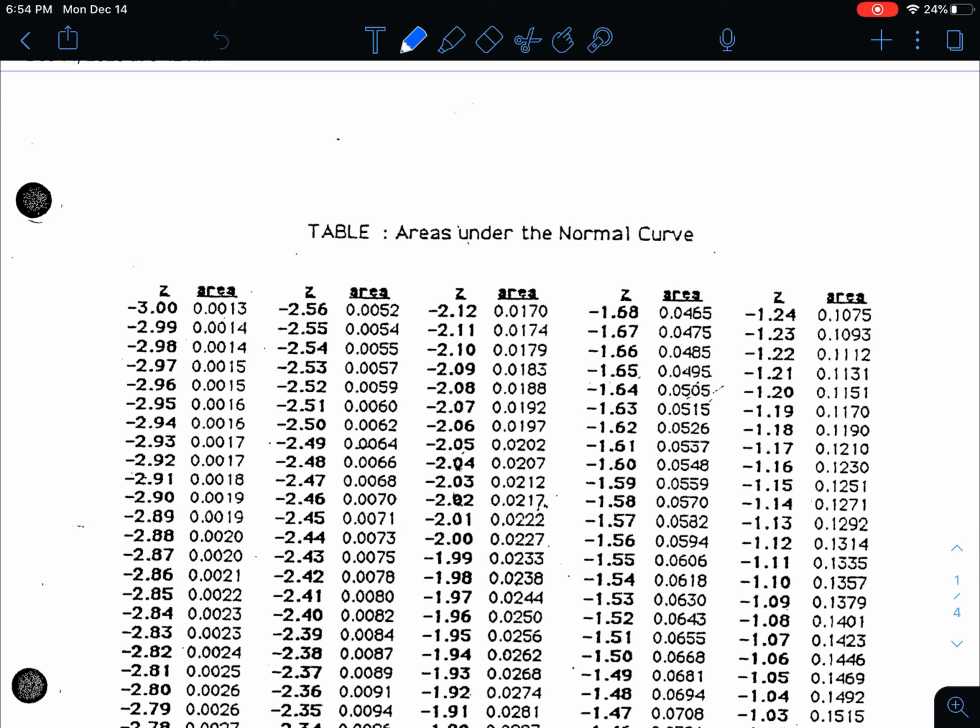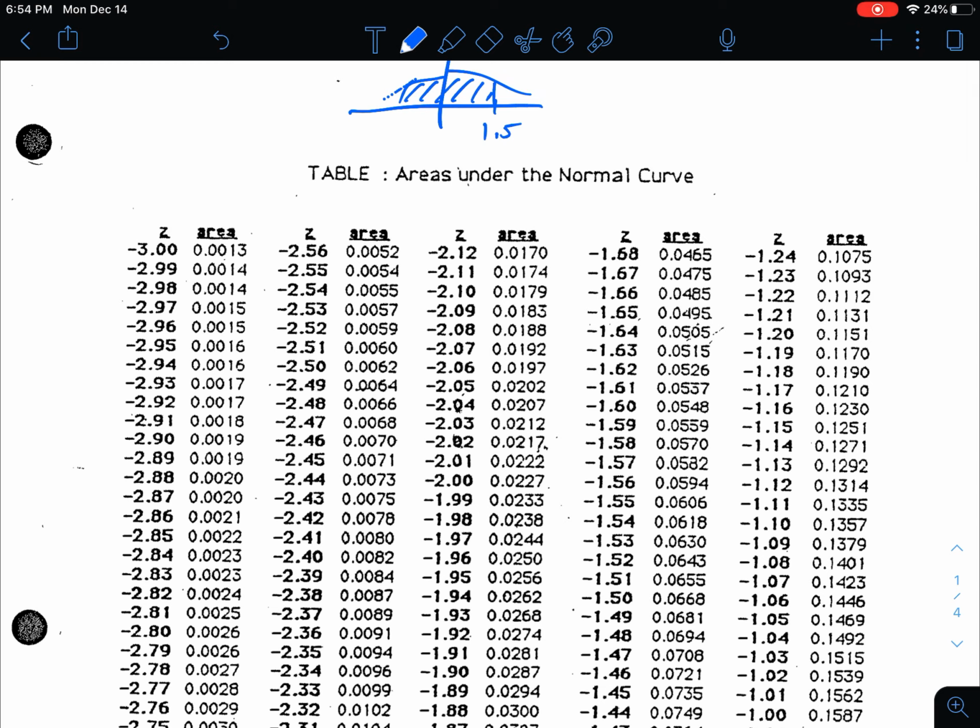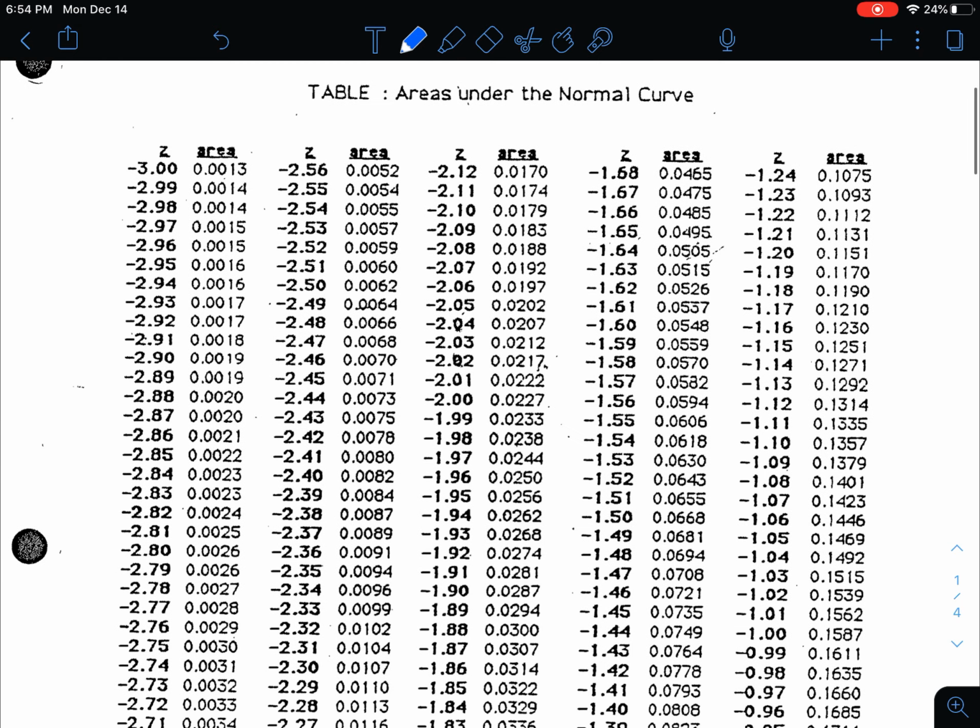So when we work out, let's say, a number like 1.5 for a z-score, and we work out our little normal table here, whatever it might look like, it is always the area less than it. It's always the area to the left. So in order for me to figure out the area on the right, I have to go 1 minus that to actually figure out the proper answer.